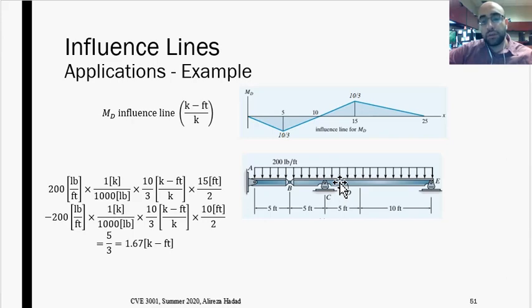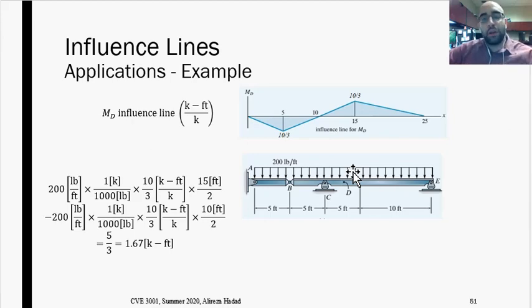That is just calculating the area that we have under the diagram multiplied by the intensity of uniform load. To be more accurate, I have to say what is the moment that can be created at D, because saying maximum positive or maximum negative does not have any meaning in the case of dead loads, because dead loads are always over there, they are not going to change.